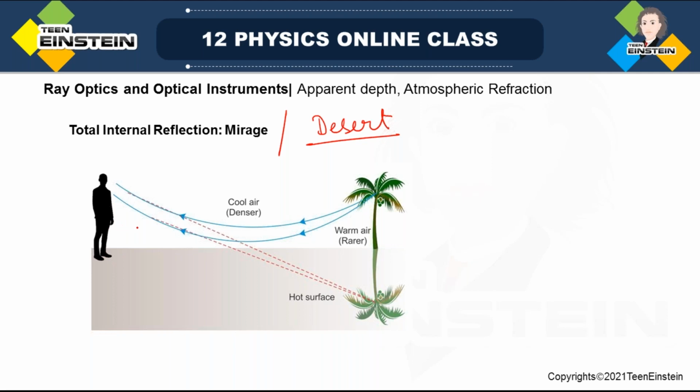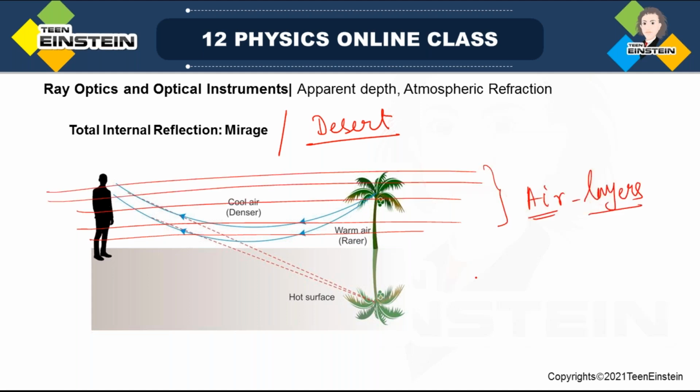Now if I just draw some layers like this, these are layers of atmosphere or air layers.